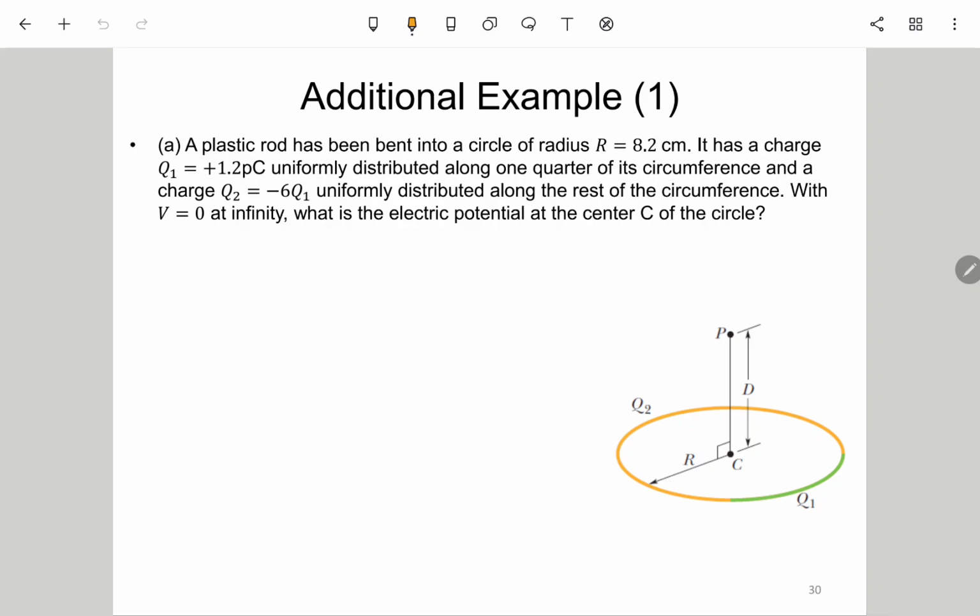Finally, we have an additional example to conclude this chapter. A plastic rod has been bent into a circle of radius r equals 8.2 centimeters.